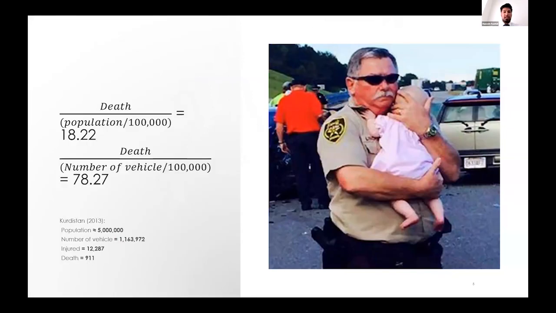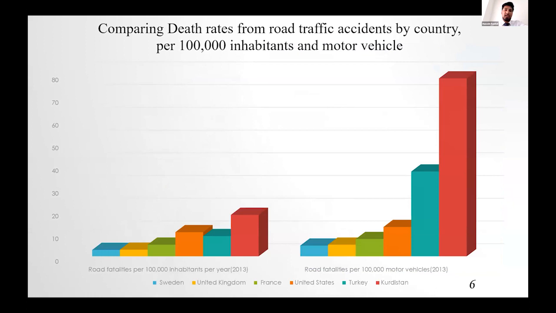If we briefly analyze our country Iraq's data and compare these deaths and car accidents with other countries, I made some rates, and you will see here the red one is our country, I mean the Kurdistan region. It is so high risk compared to countries like the United Kingdom, Sweden, France, and the United States.